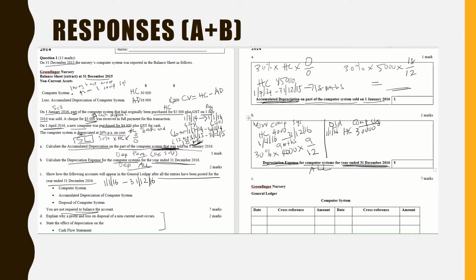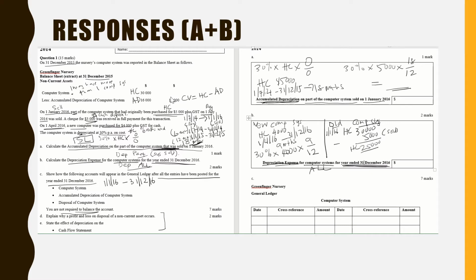But you have to remember as well that I did actually sell one of the computer systems, and that computer system had a historical cost of $5,000. That was the one that was sold on the 1st of January. Which means the balance of my old computer system had a historical cost of $25,000.